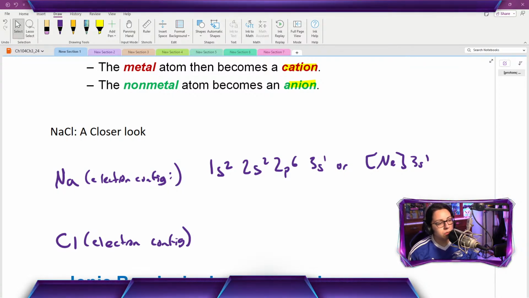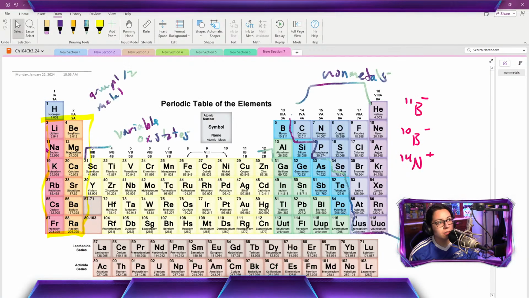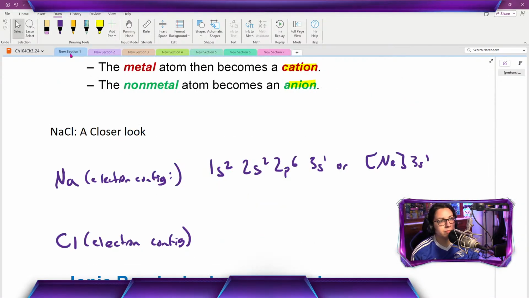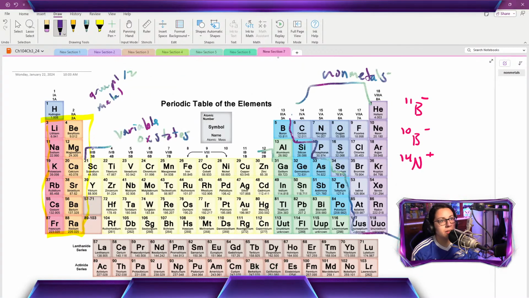Now let's do chlorine. Chlorine is on the same row, so let's continue filling it in. Starting again, 1s2, 2s2, 2p6, 3s2, and then 3p, 1, 2, 3, 4, 5.